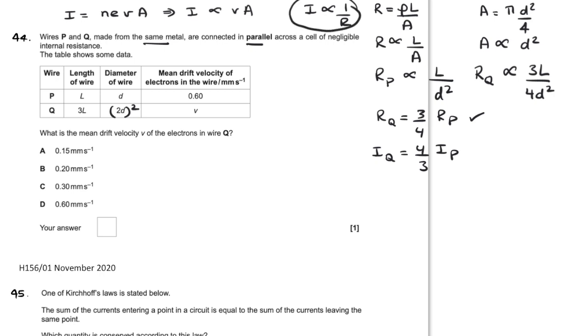So now we've got pretty much everything. We can now think about this particular relationship. In the initial wire, I_P, the current is proportional to the drift velocity, which is 0.6, and the area, which is just d squared. Similarly, in I_Q, it is v times 4d squared.